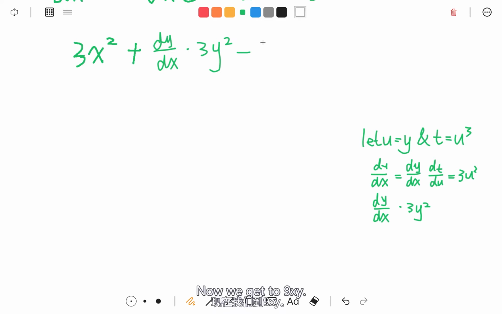And now we get to the last one, 9xy. First, we take out 9 because, as the third rule says, the coefficient doesn't affect the answer.